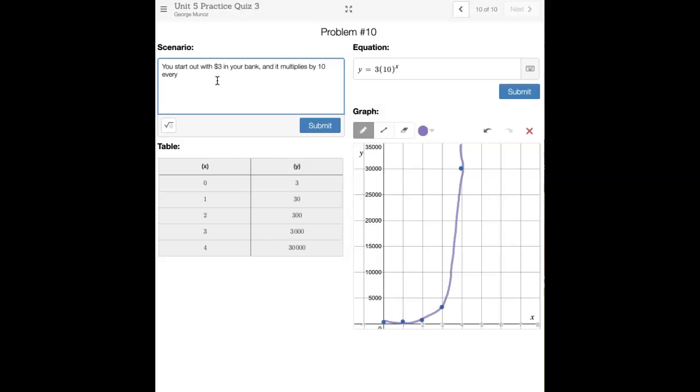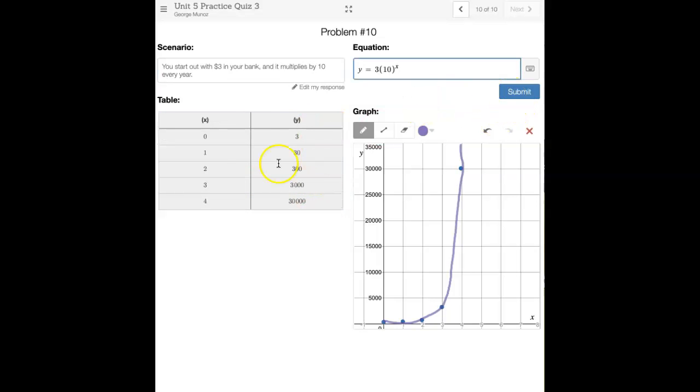Right? It's not a super realistic scenario. This almost looks more like a bacteria type scenario, but either way, as long as what you start with, your initial value, and your rate of change corresponds with this, everything kind of fits together, right? It all matches or corresponds. Each thing corresponds with the next thing.